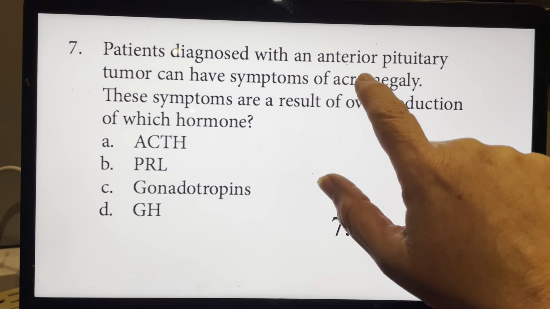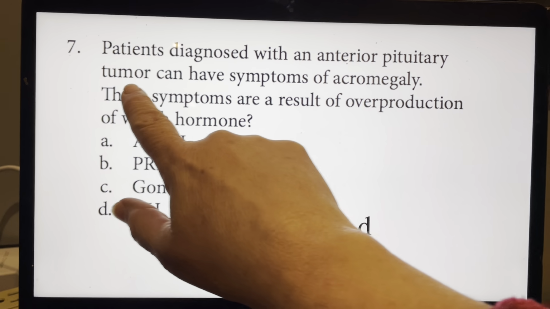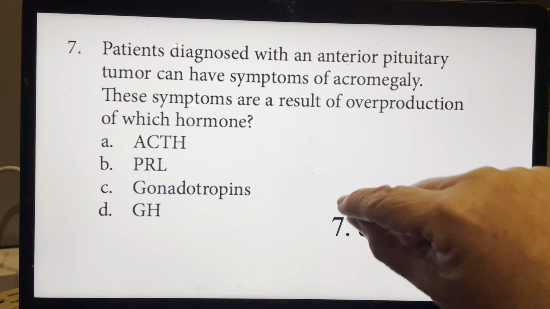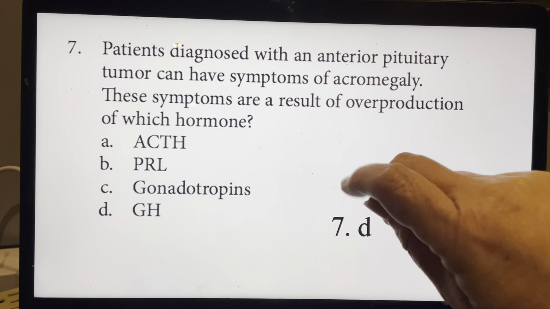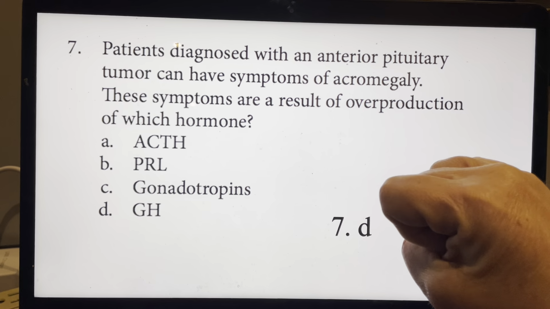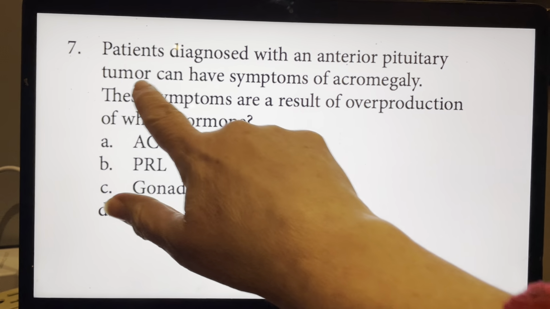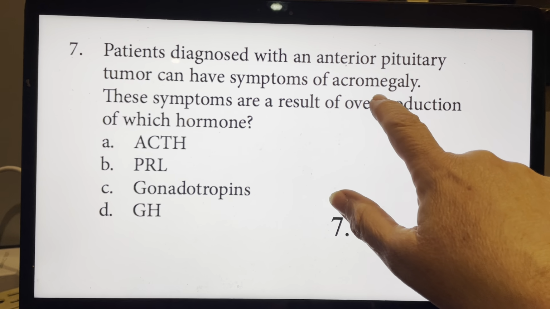And the reason they get acromegaly is because this tumor happens after the epiphyseal discs in their bones have already calcified and become bone. Those people that get an anterior pituitary tumor that secretes growth hormone are going to get acromegaly.